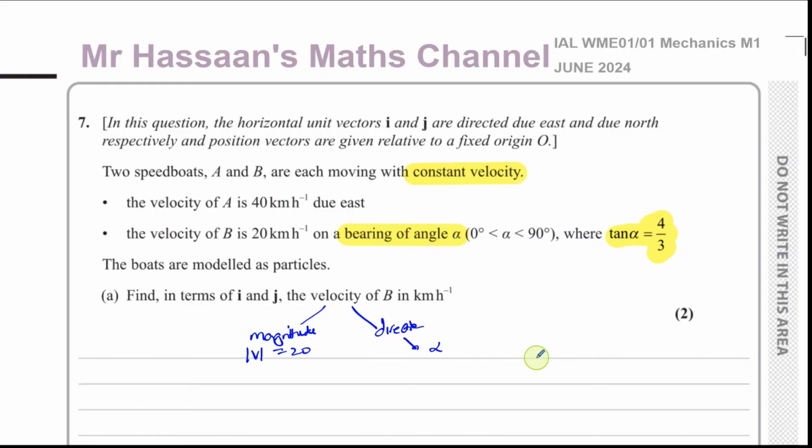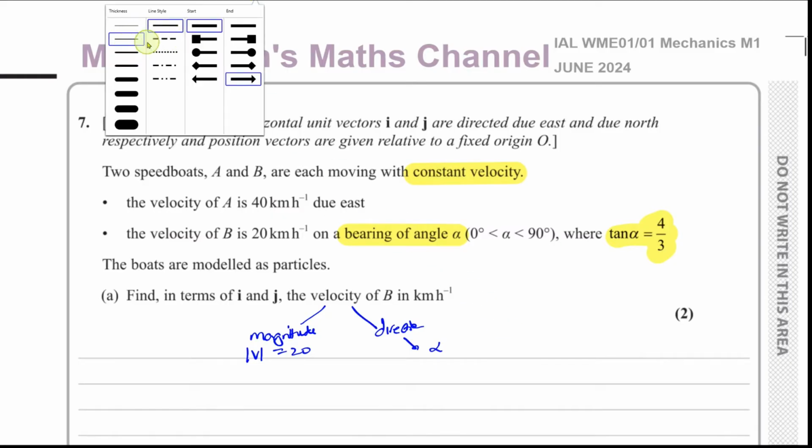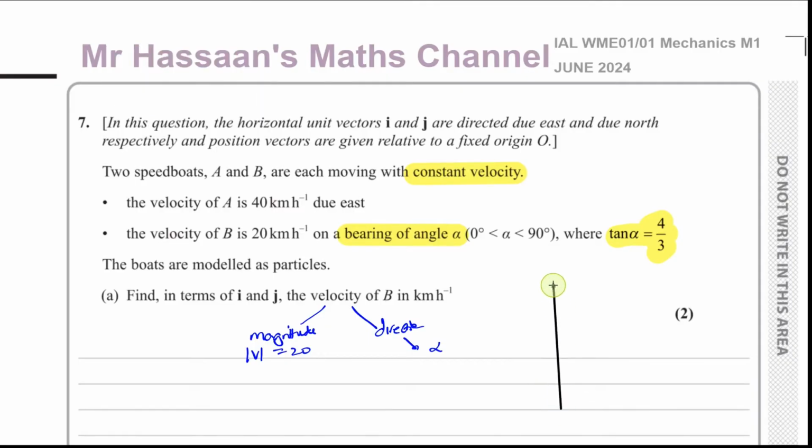Now we're going to work out how we can write the velocity of B in terms of i and j. The direction of B has been described in terms of a bearing. Bearings are always measured from the north line, and they're always measured clockwise.